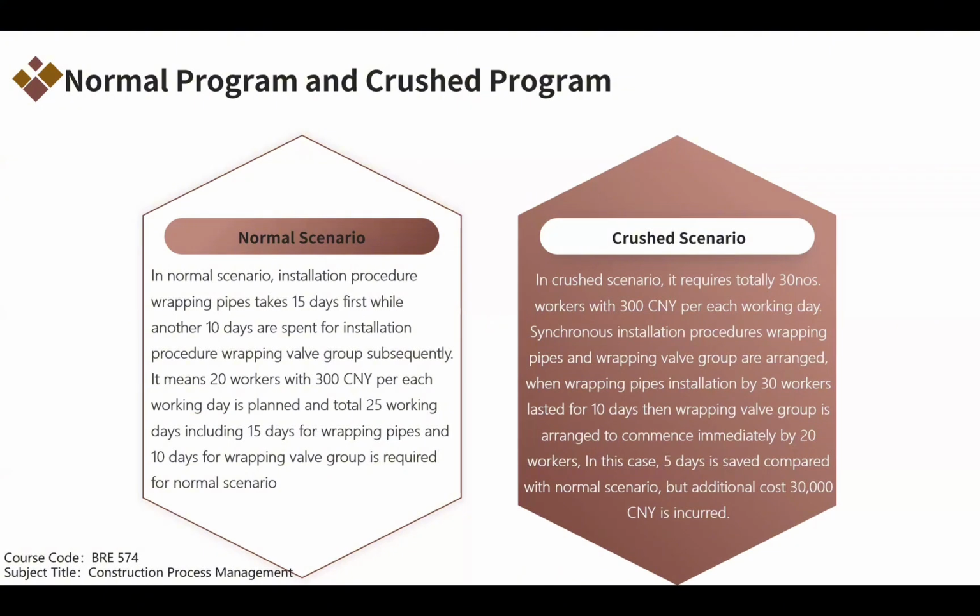When wrapping pipes by 30 workers has lasted for 10 days, wrapping the valve group is arranged to commence immediately by 20 workers, which lasts for 10 days. In this case, 5 days are saved compared with the normal scenario because a total of 20 days are spent, including wrapping pipes and wrapping the valve group. But an additional cost of 30,000 CNY is incurred during the cost analysis.